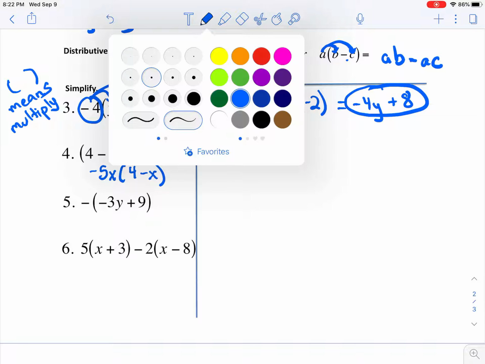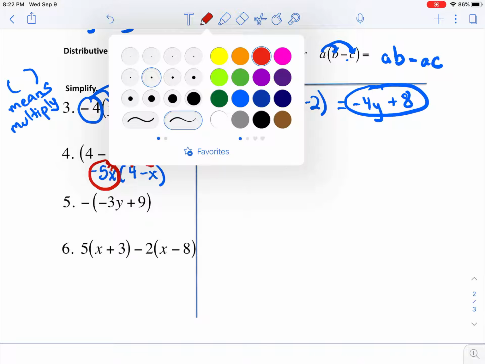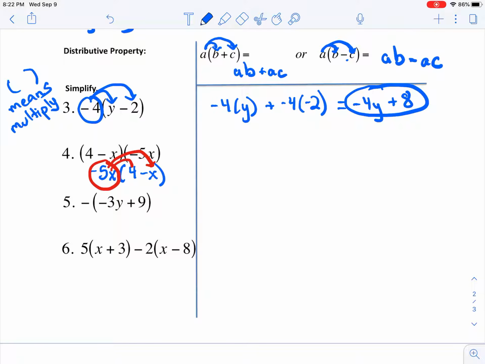So I'll change my color just so you can see it a little better. -5x times 4, -5x times -x. -5x times 4 plus -5x times -x.